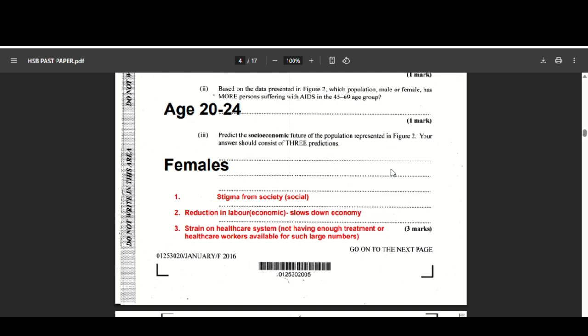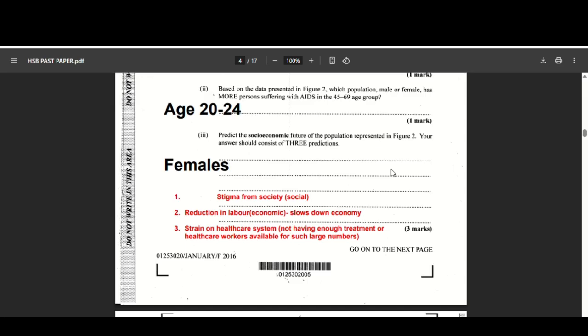And then the next prediction for the future is there will be a strain on the healthcare system. For example, we said the age 20 to 24 age group had the most AIDS within that range, right?